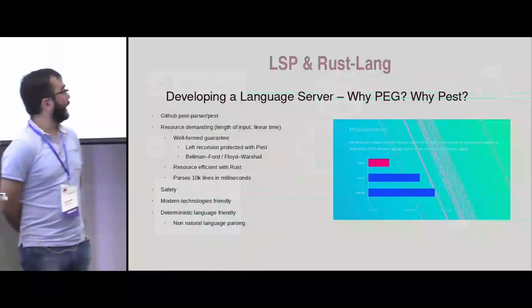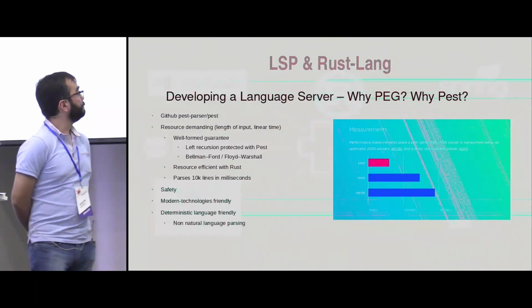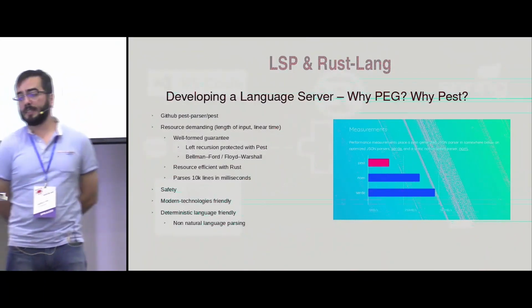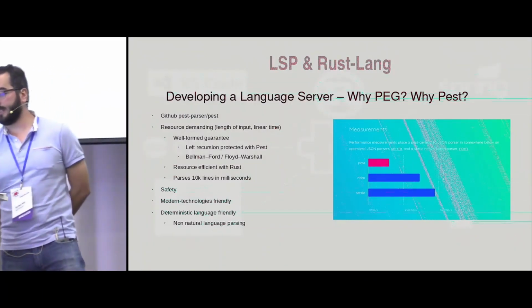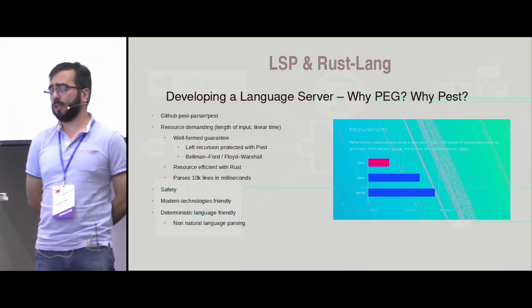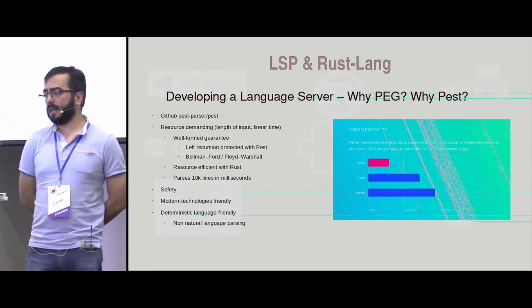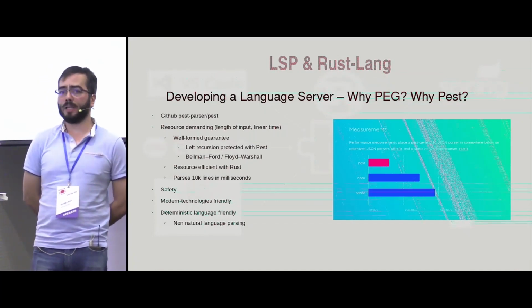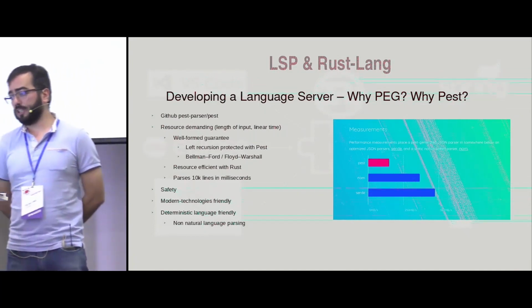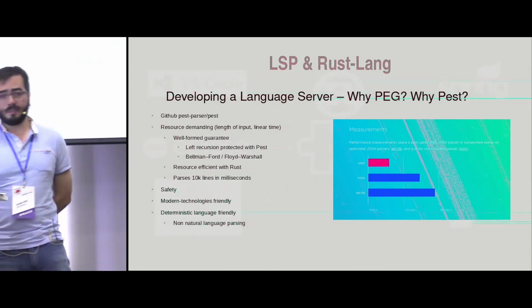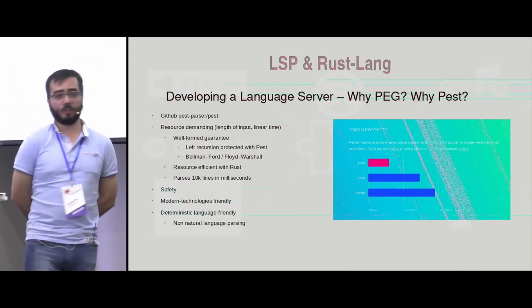I've put on the right a simple graphic about the performance of Pest compared to Nom and Serde. Nom and Serde are very well consolidated libraries in Rust as well. And this is the amount of megabytes they can parse per second of JSON data. Nom is very, very efficient, but it is not grammar-based.